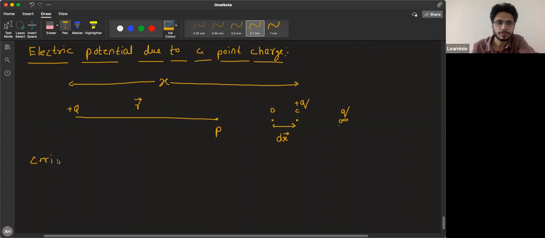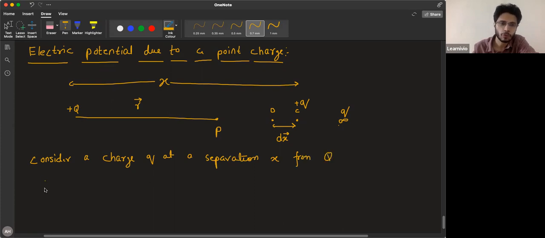So consider a charge q at a separation x from capital Q. So the electric force on charge small q is 1 over 4 pi epsilon naught, Q q over x squared.